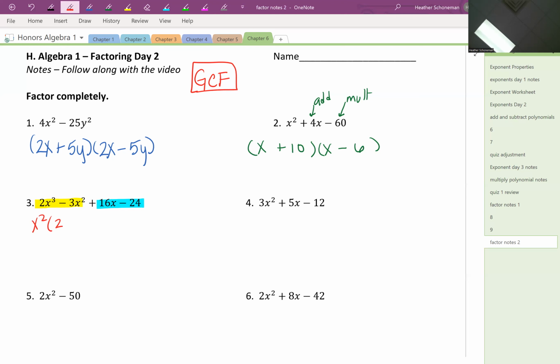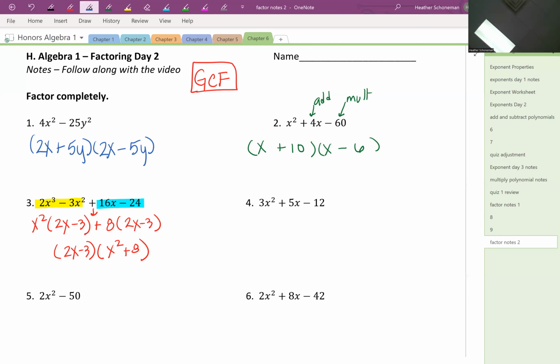I take that out, and I'm left with 2x minus 3. The sign in the middle comes straight down. Plus, out of the next two, I can take out an 8, and I'm left with 2x minus 3. So my parentheses match, so I can rewrite it as 2x minus 3, x squared plus 8, and I'm done.